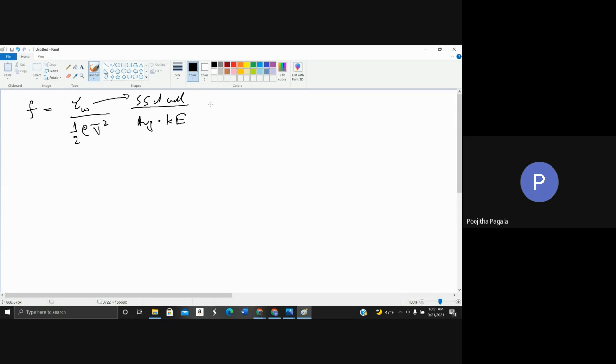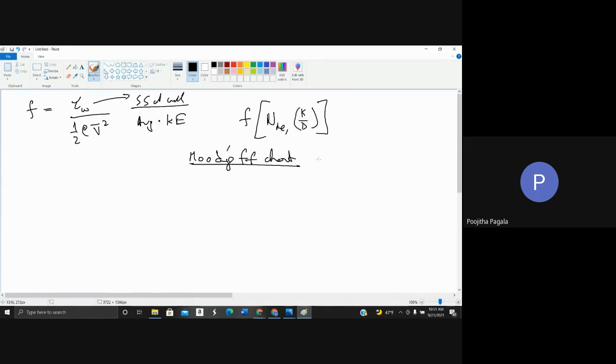So higher the friction factor, the greater are going to be the irreversible losses because of friction. The friction factor is dependent upon the Reynolds number and also the relative roughness, which is given as K by D.